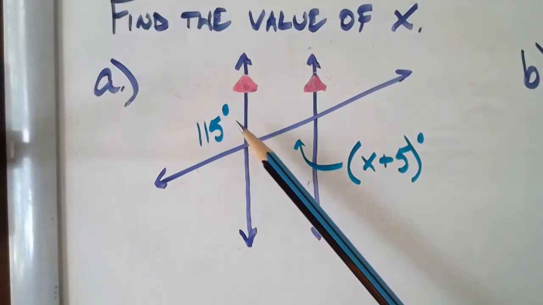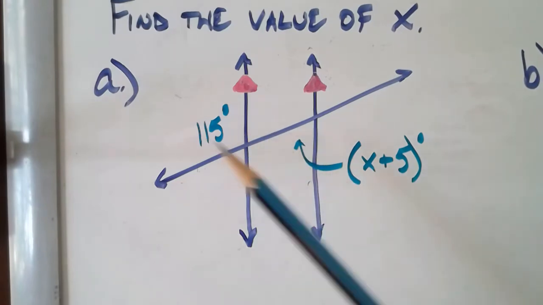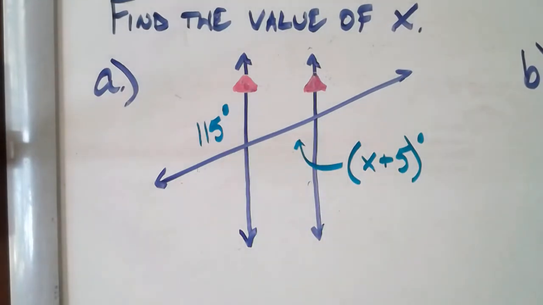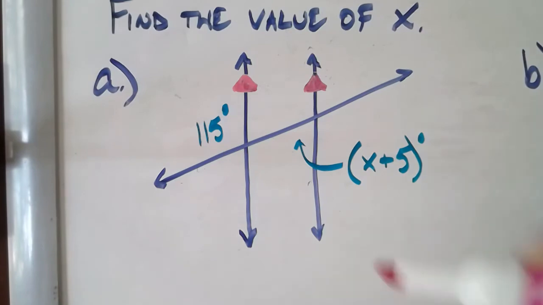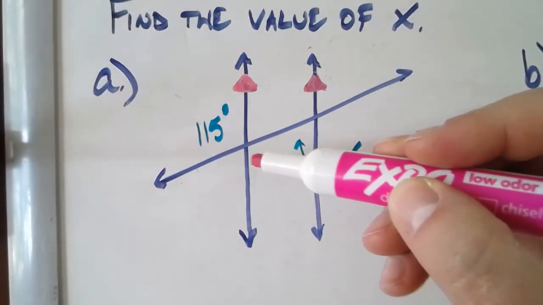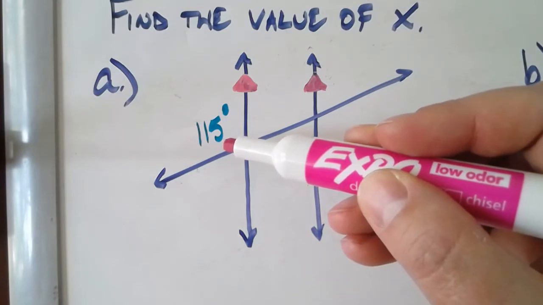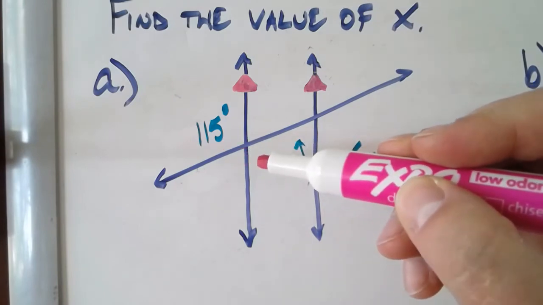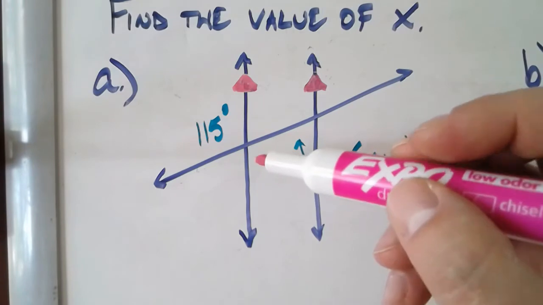But what I can do is use one of my other properties, vertical angles. Vertical angles will tell me that this value right here has to also match whatever this one is. So this is 115. This angle right here must also be 115.